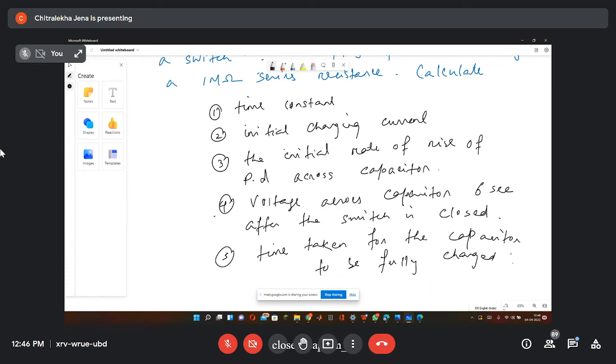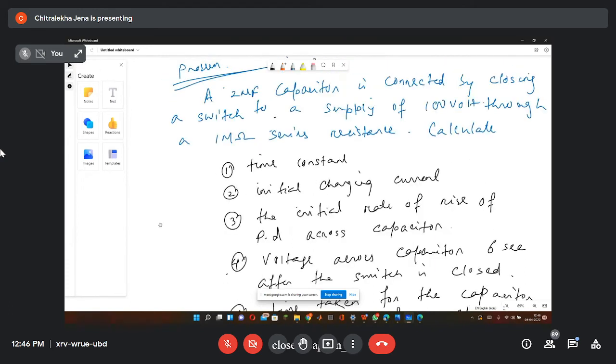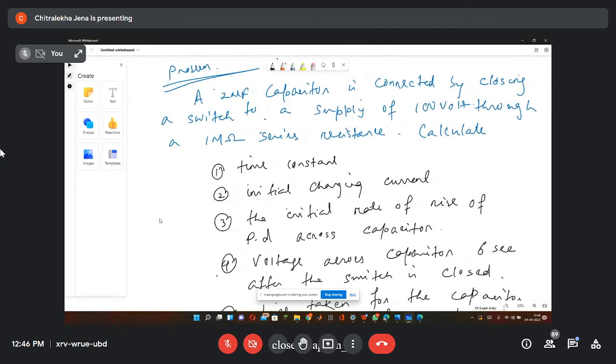Do it quickly, and you will do one or two more problems. One thing I want to ask you, whether you can tell or not. Suppose you are taking a capacitor, how much time will it take to be fully charged?